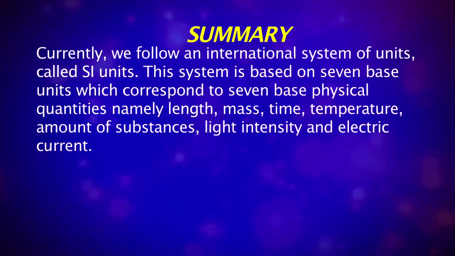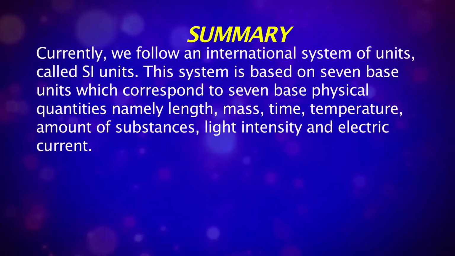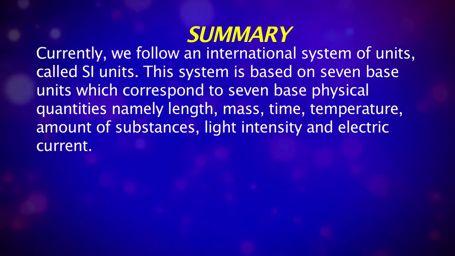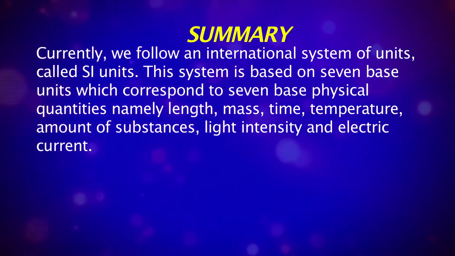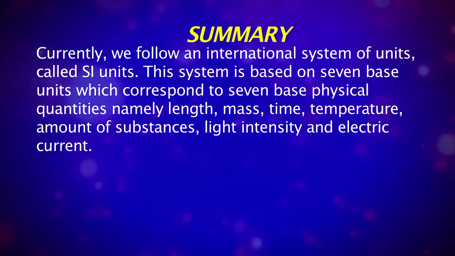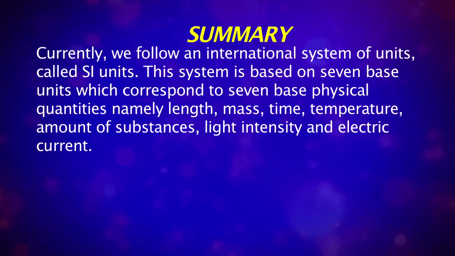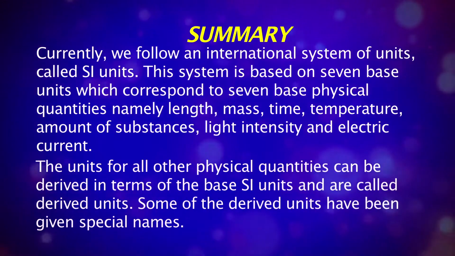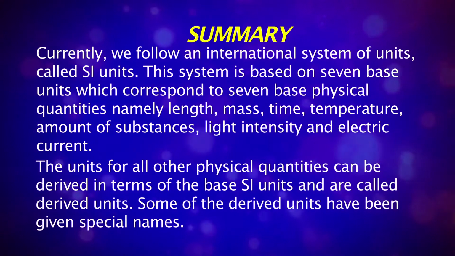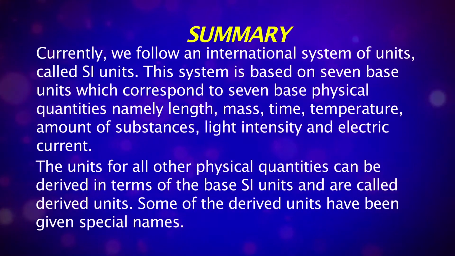Currently, we follow an international system of units called SI units. This system is based on 7 base units which correspond to 7 base physical quantities, namely length, mass, time, temperature, amount of substance, light intensity and electric current. The units for all other physical quantities can be derived in terms of the base SI units and are called derived units.